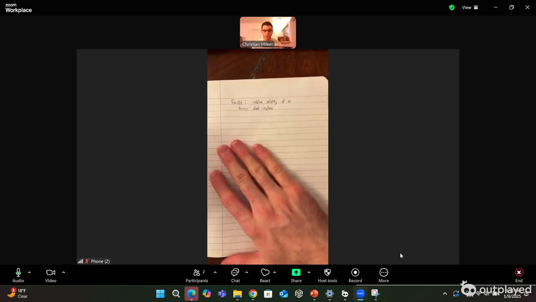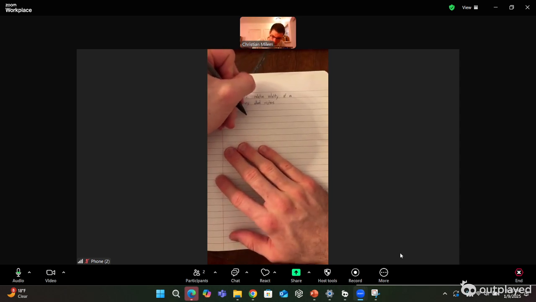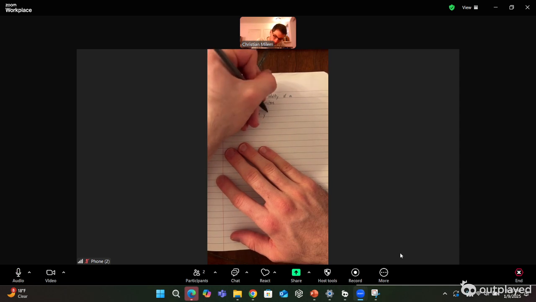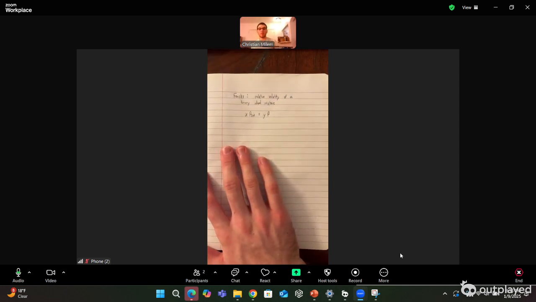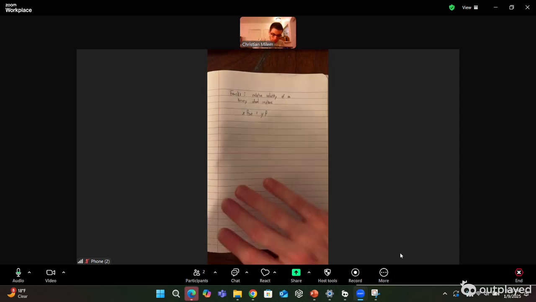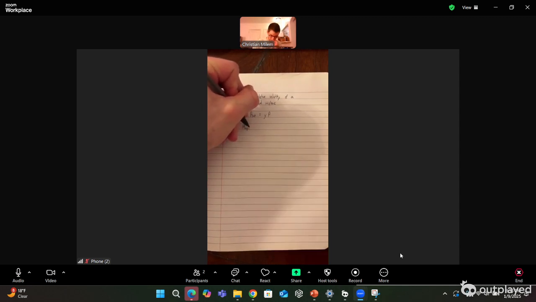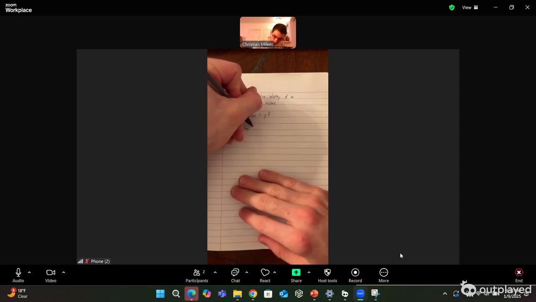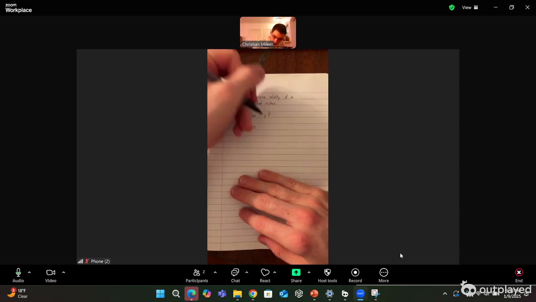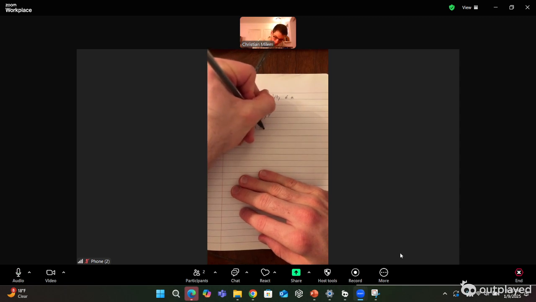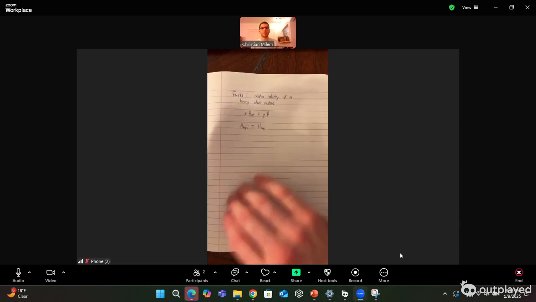So what does this mean? This means we have our ideal Raoult's law, so x times p set equals y times p. And then it also means that the heat of vaporization of our lighter component just about equals the heat of vaporization of our heavier component.